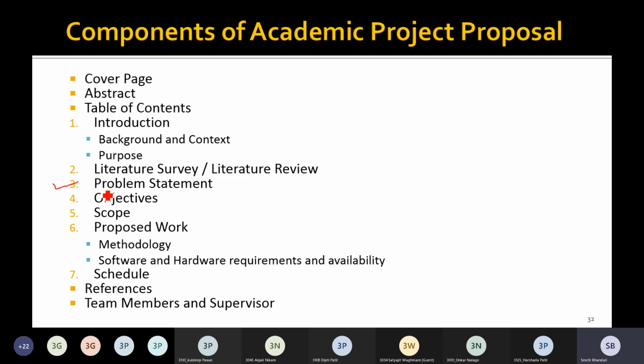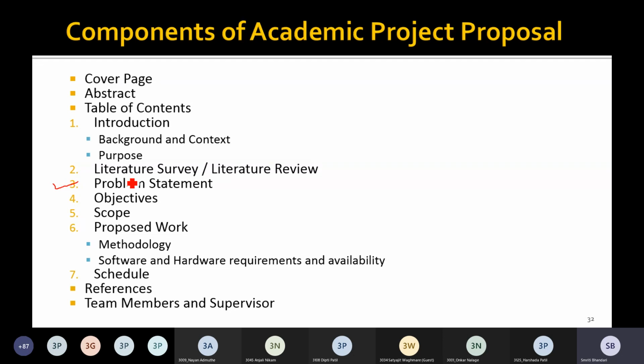Also, we have seen how to come up with problem statement. So, while writing the project proposal, now we have introduced the topic under consideration or the proposed topic for the project.